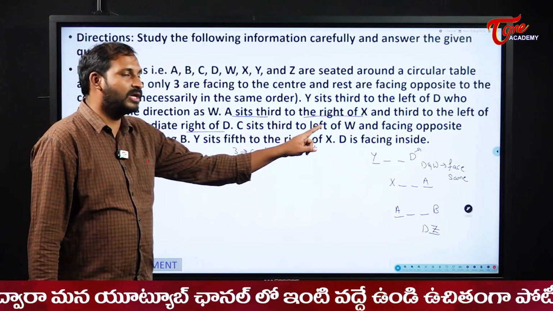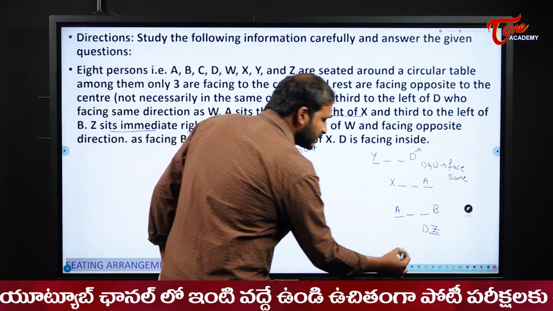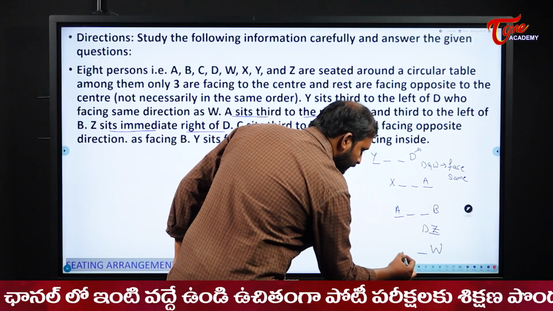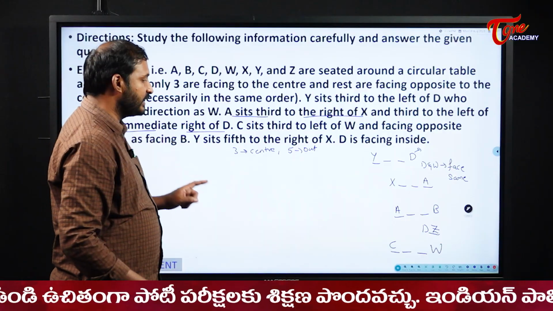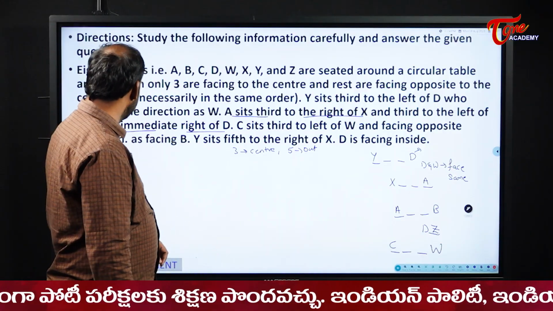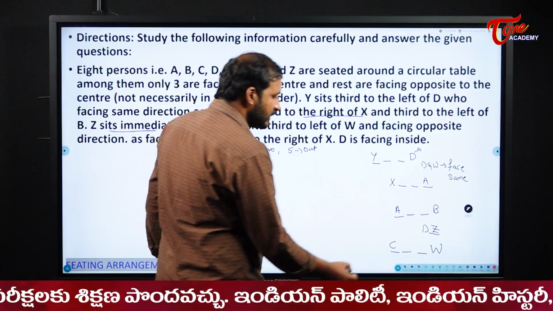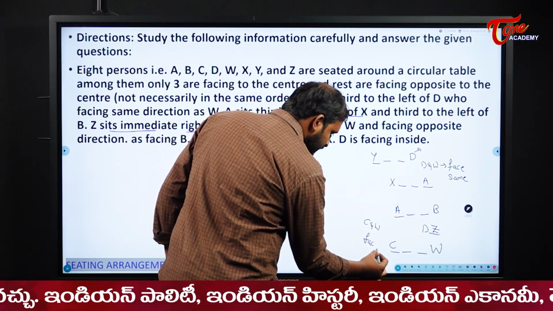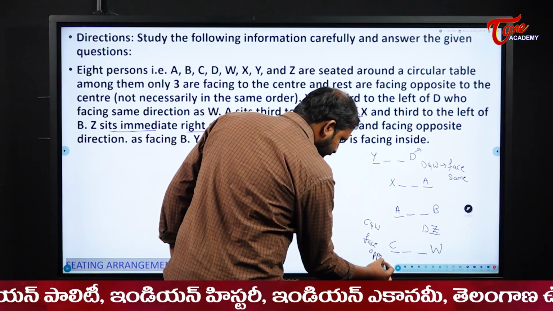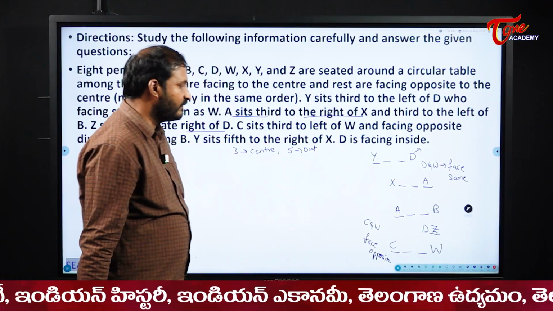C sits third to the left of W and facing opposite direction. That means C and W face opposite directions, so if one faces inward, the other will face outward.